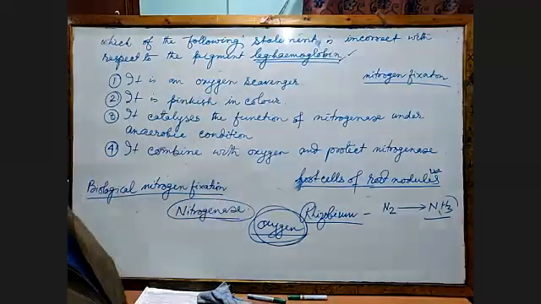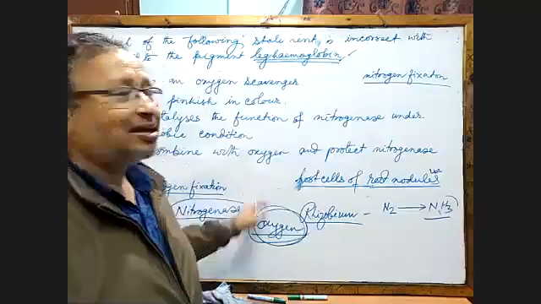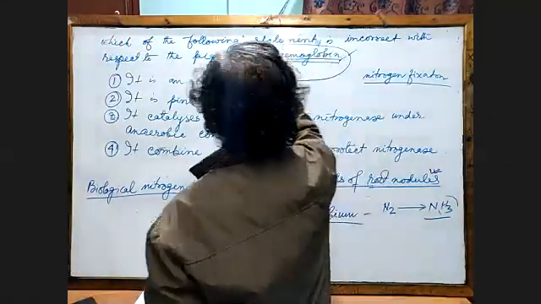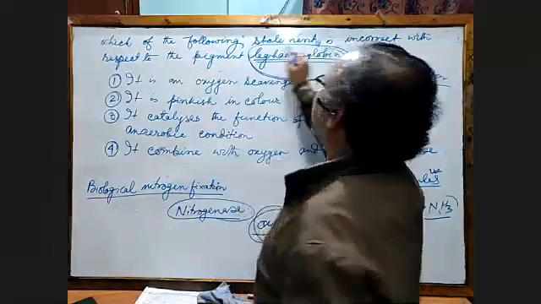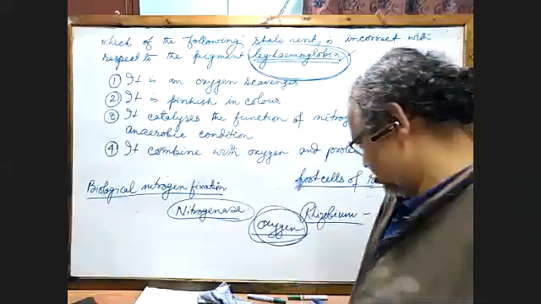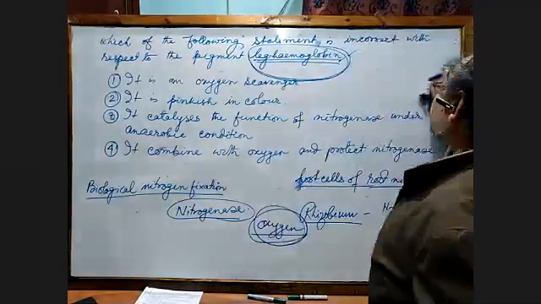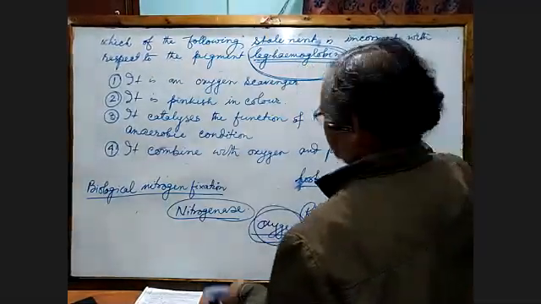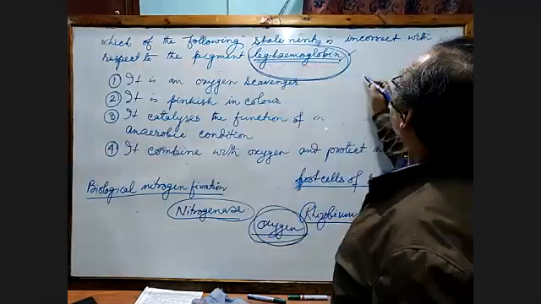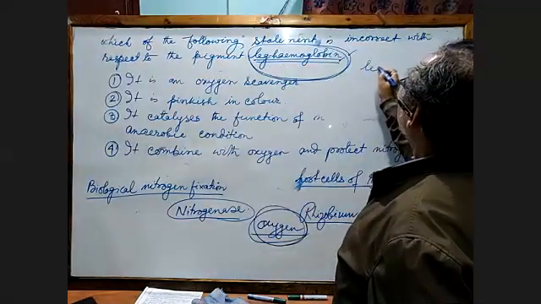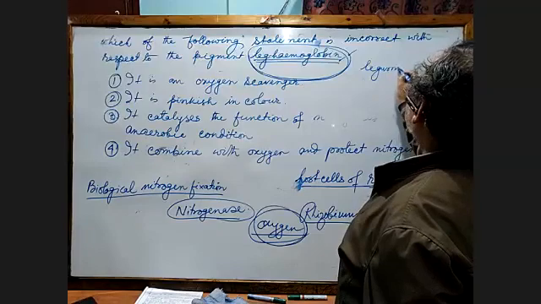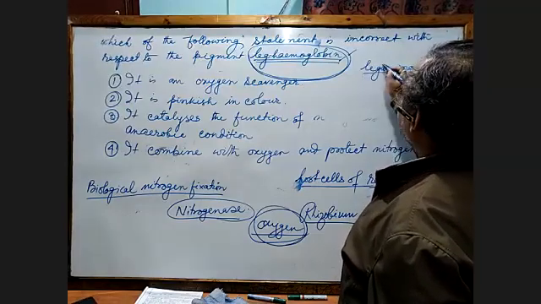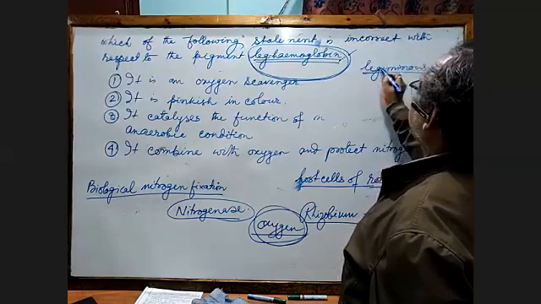And this environment is provided by the pigment leg hemoglobin. The leg is abbreviated from leguminous.